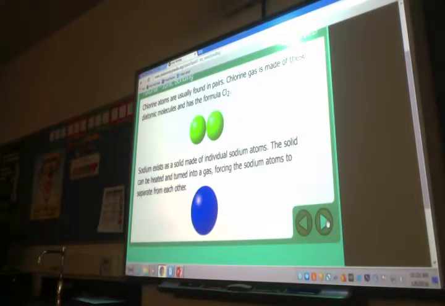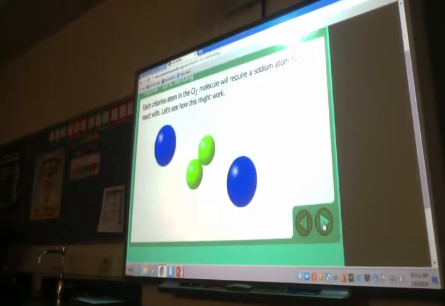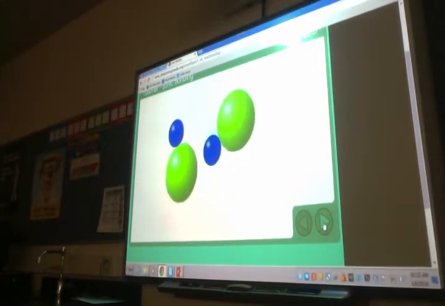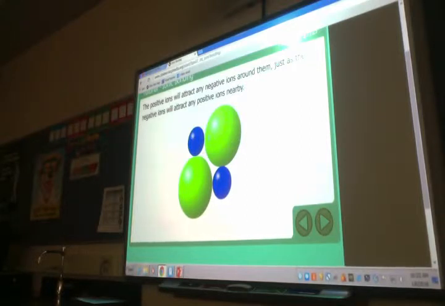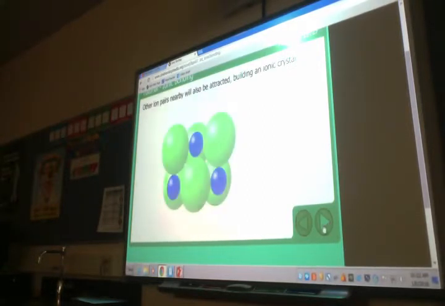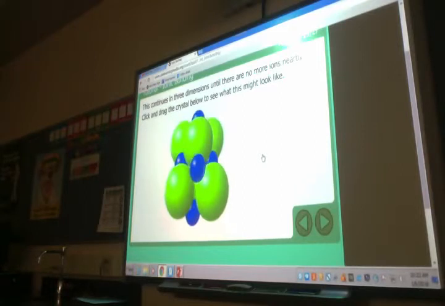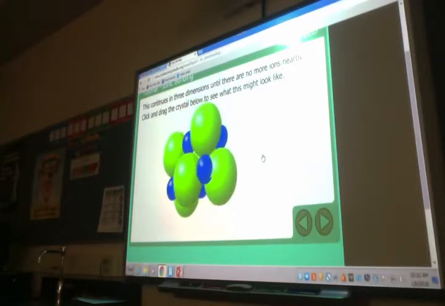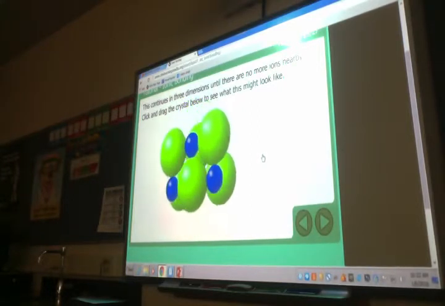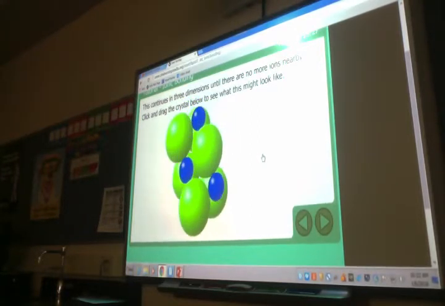Okay. Now this is what happens in real life. Chlorine actually exists as Cl2. Sodium exists as a bunch of individual Na atoms. So it takes two sodiums, and now they're going to bond like this, and they're going to stick together like that. So now we have an ionic bond here, an ionic bond here, here, here. And another one comes, and eventually we form this kind of lattice pattern where it just kind of repeats. When you have something like NaCl, it's not like a single Na and a single Cl come together and then just float off into space.